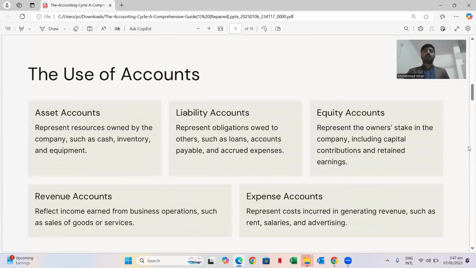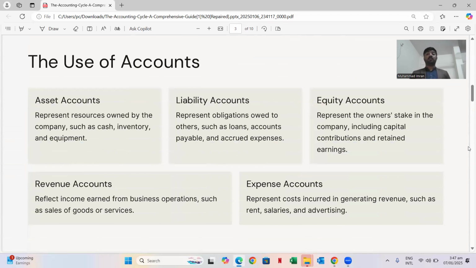We move to the next part, which is the use of accounts. In the ledger, there are different accounts being used, like asset accounts, liability accounts, equity accounts, revenue accounts, and expense accounts. Asset accounts represent the resources owned by the company, such as cash, inventory, equipment, land, buildings, and accounts receivable.